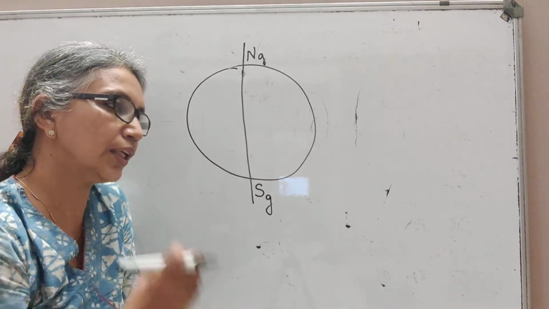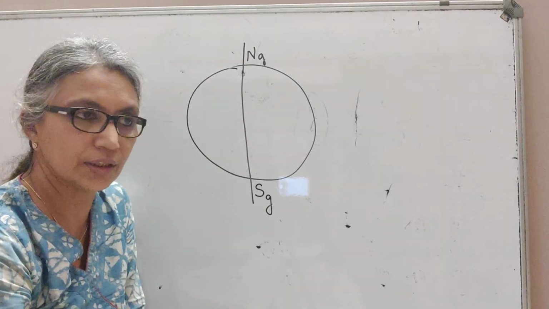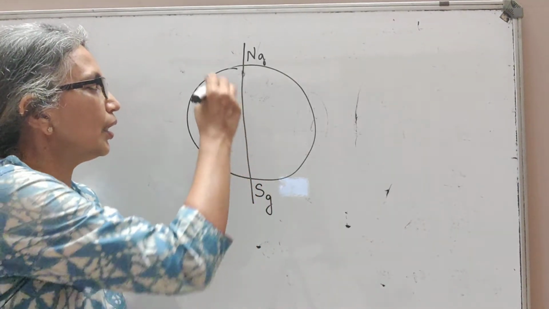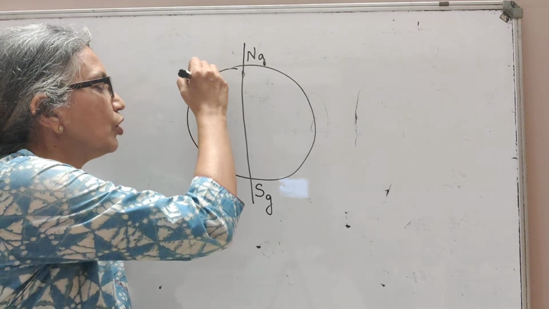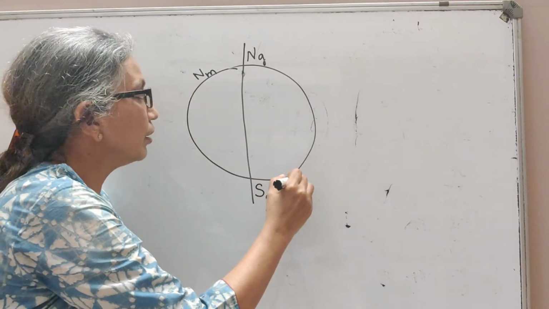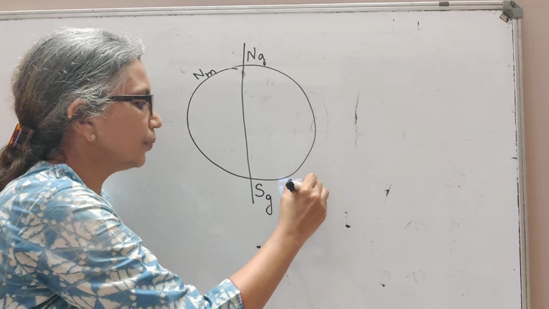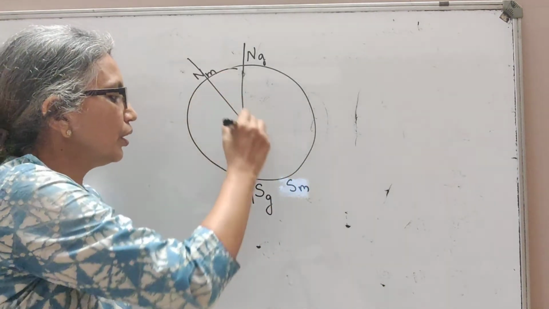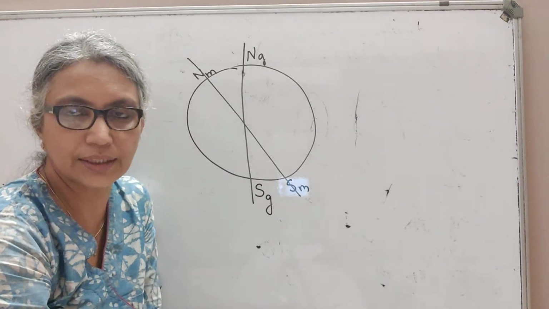Now, if you look at the magnetic field lines of the Earth, you will see the magnetic north and the magnetic south, and the line joining the two is called the magnetic axis.